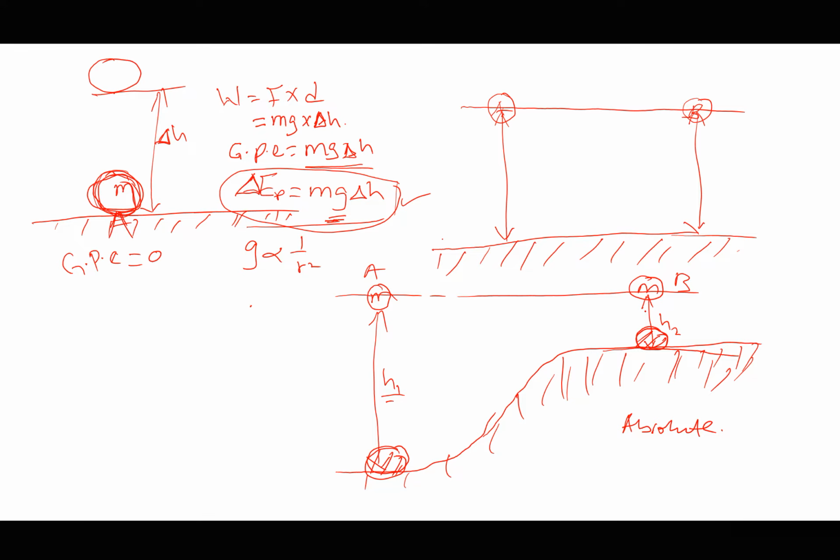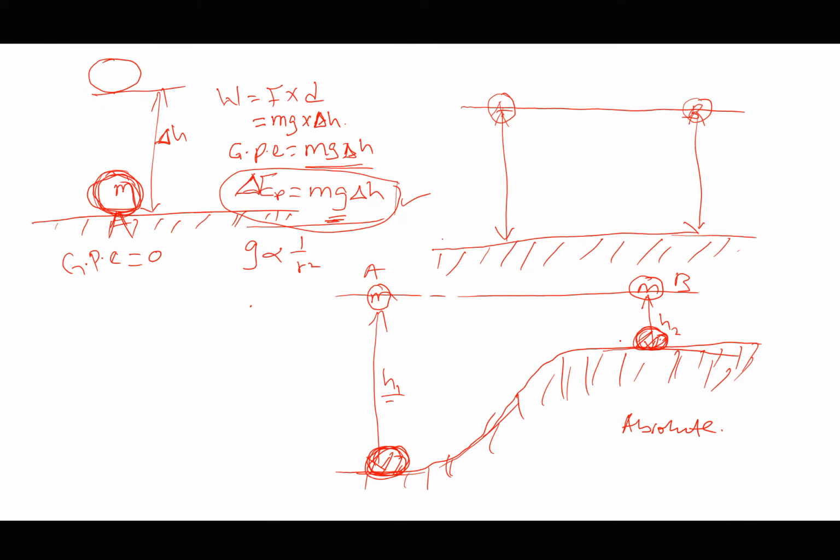We can't make a conclusion on the potential energy of two objects when the surface of the Earth is the reference point. Because will you say that this object has a higher potential energy than this one, yet both of them are on the same Earth's surface? There is no guarantee that the Earth's surface is supposed to be flat throughout. Would you say that this one has a smaller potential energy than this one?